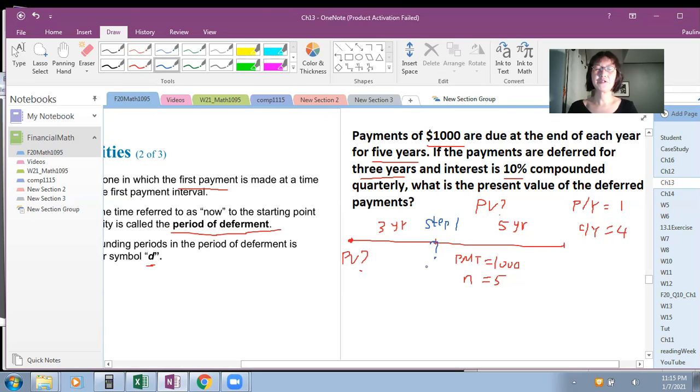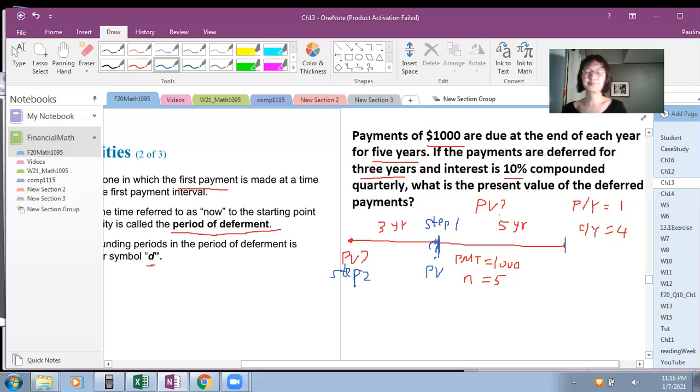This value is the present value for annuity. What is the present value for this annuity? Remember, annuity starts from here, ends from here. And then step 2, what is the present value here? So 2 steps.